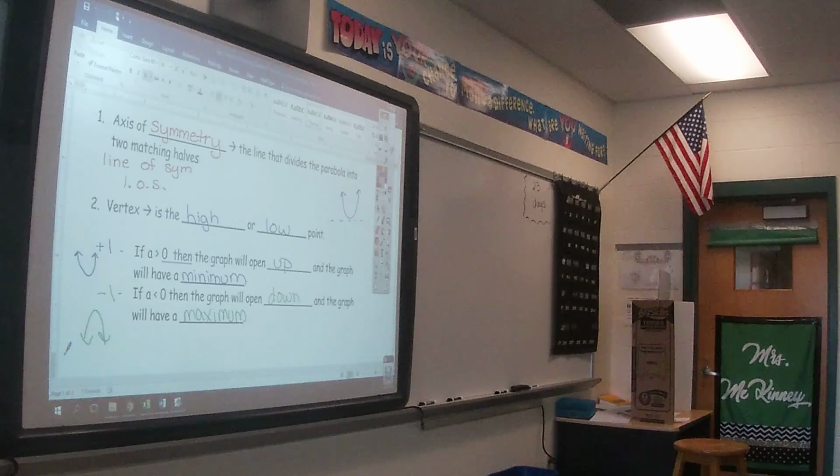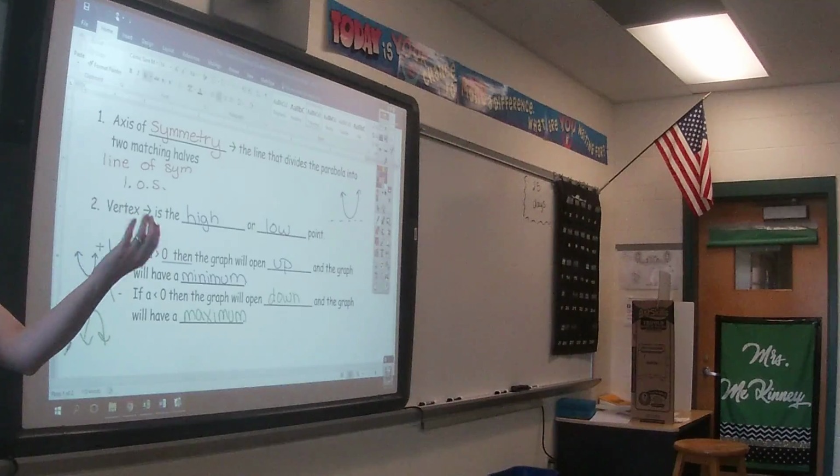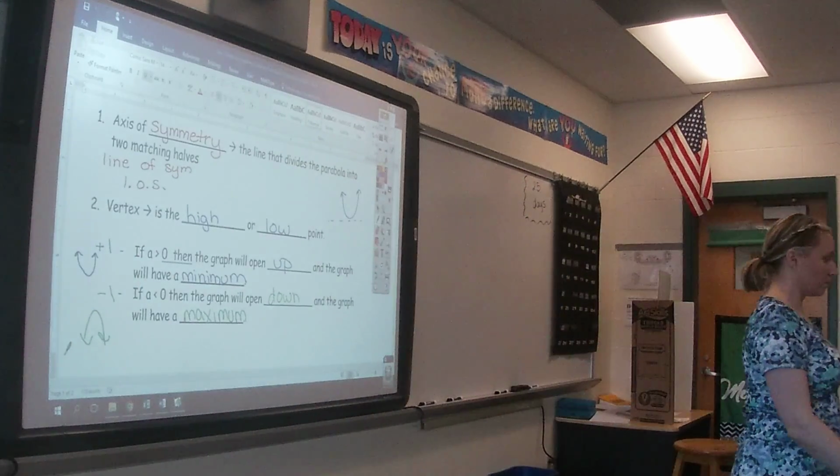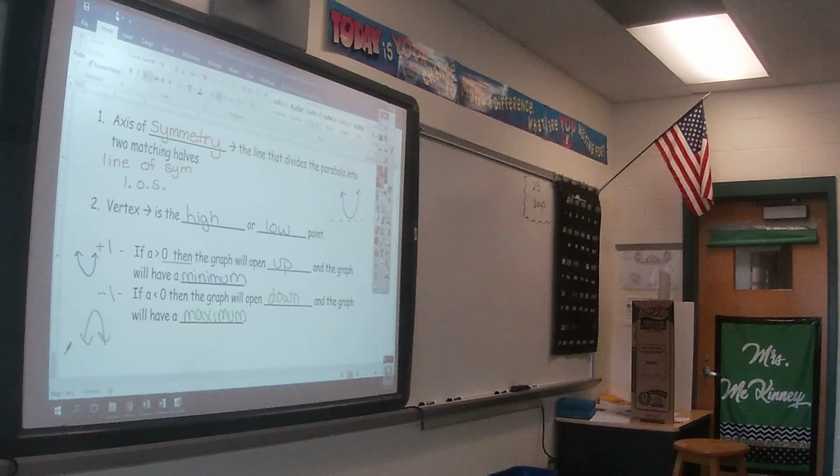And that's going to make our parabola be upside down. So they're basically just opposite. It's very similar to slope. Positive slope made an uphill line, negative slope made a downhill line. This is the same idea. It's just that now we're talking about a parabola, a U shape, rather than a line. Okay, are we okay there?